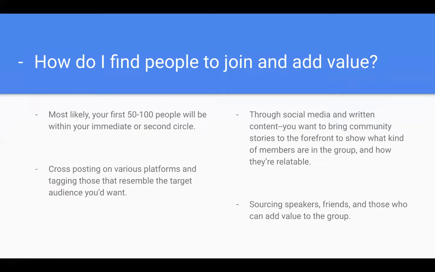That's what we've been seeing. Ivy and I have mutual friends in San Francisco, and her in Canada, and me in Singapore. So a lot of the people in our group right now are just our friends. But because of the growing group and connectivity, our friends of friends have been inviting their own friends.